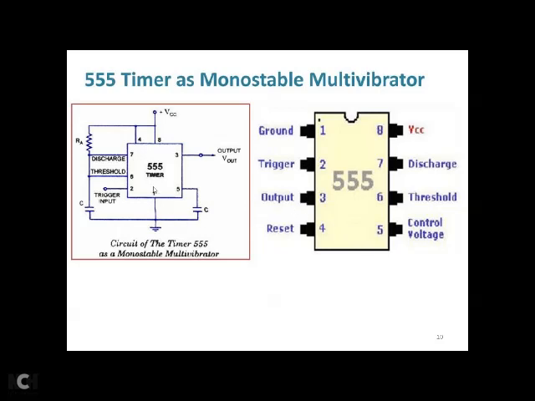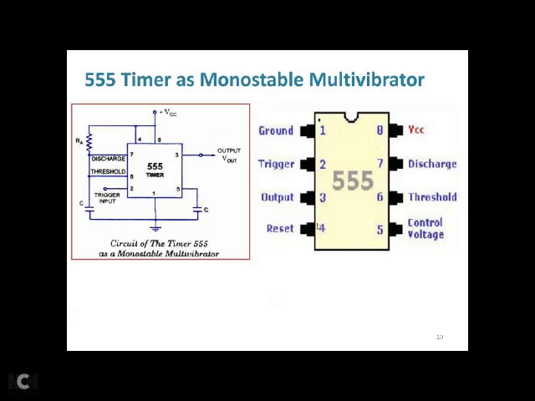Here, for that, you can see I have taken the 555 timer IC diagram, and on the left side you can see the monostable multivibrator using 555 timer circuit diagram. You can see all the 8 pins on the 555 timer, and you also know the 8 pins.